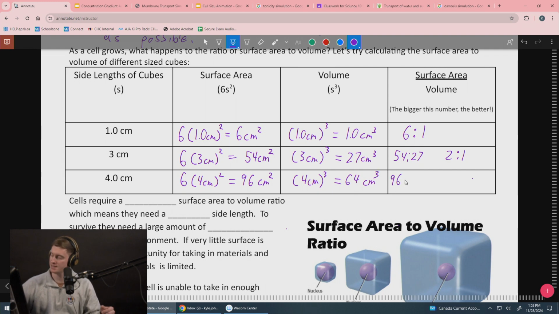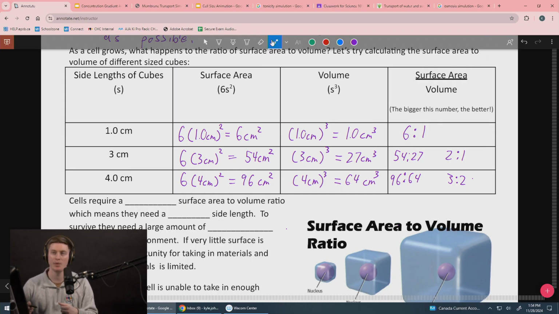This is a 96 to 64 ratio, which in simplest terms would be a 3 to 2 ratio. You don't need to do that much math for this unit in Science 10.